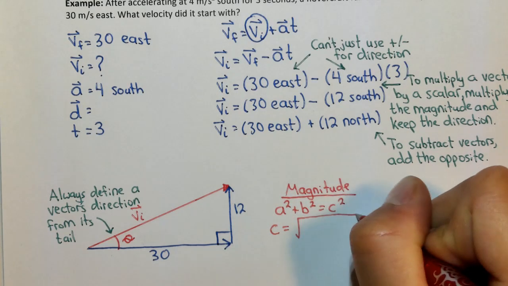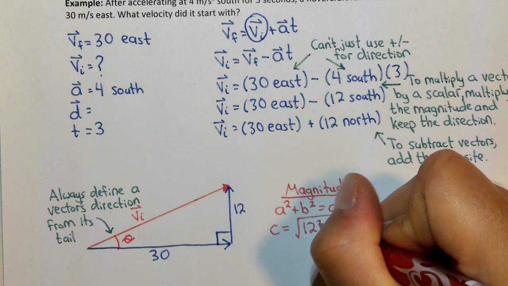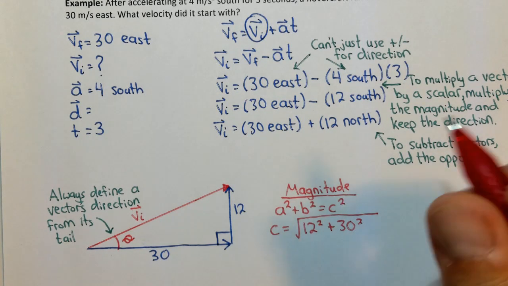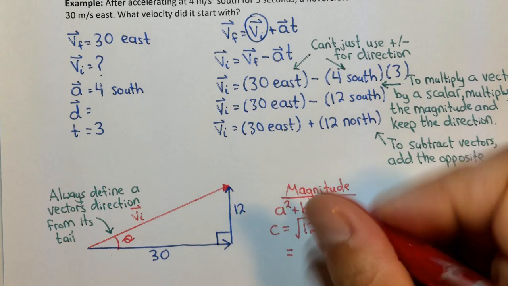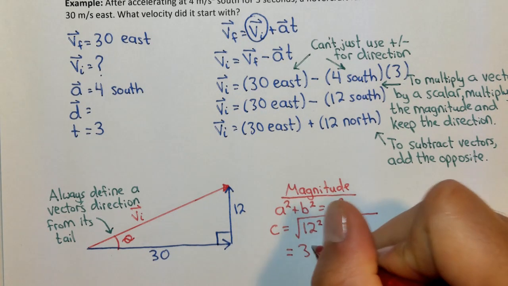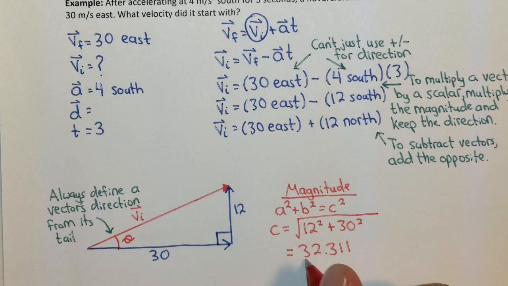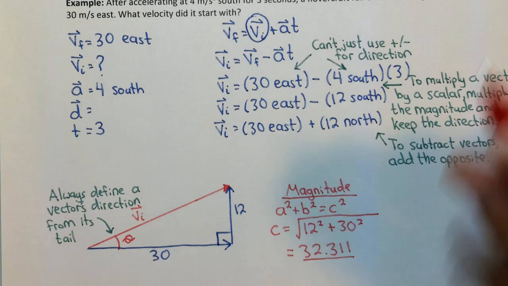Rearranging for c, which is my hypotenuse, I get the square root of 12 squared plus 30 squared, which gives me 32.311. I'll use 5 sig figs here because I'm in the middle of a problem, and I'll round it to 3 at the end.